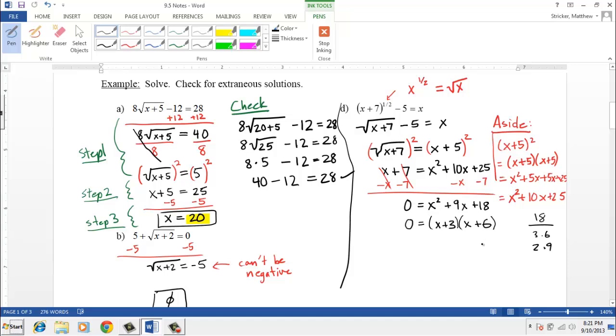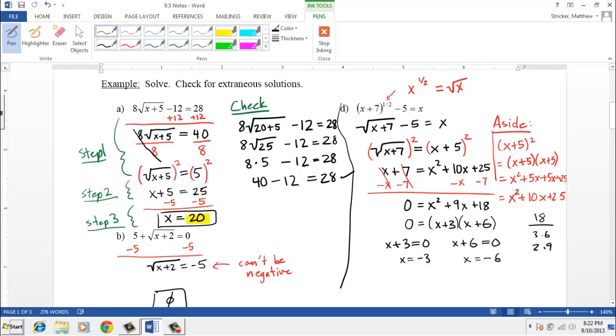which then we have two solutions that are going to arise. We have that x plus 3 has to equal 0, or x plus 6 has to equal 0. On the first one, if we subtract 3 from both sides, we get x equals negative 3. And on the second one, if we subtract 6 from both sides, we get x equals negative 6.